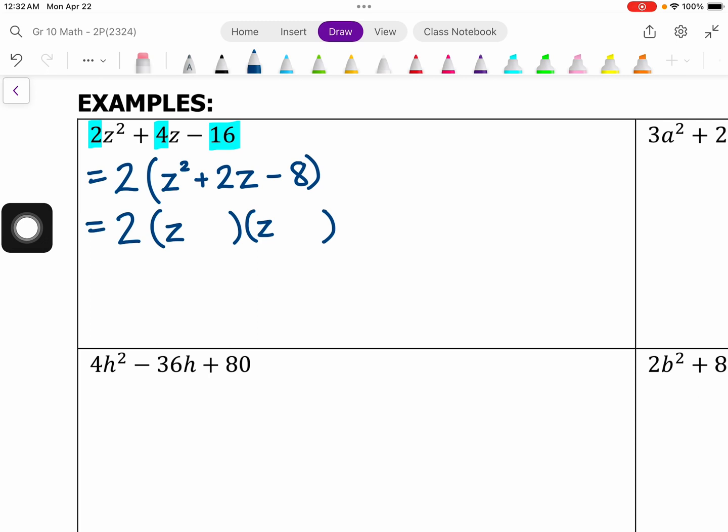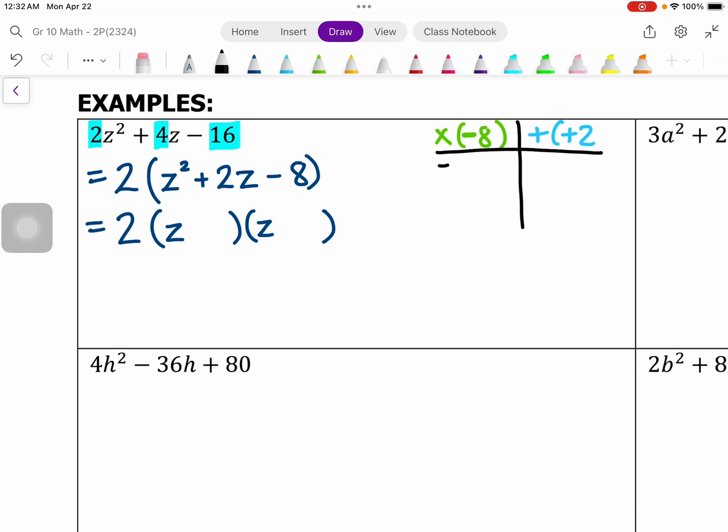So I am looking for two numbers that multiply to a negative 16, and then those same two numbers need to add to a positive 2. And sorry, not 16, but 8. So I'm looking for two numbers that multiply to negative 8.